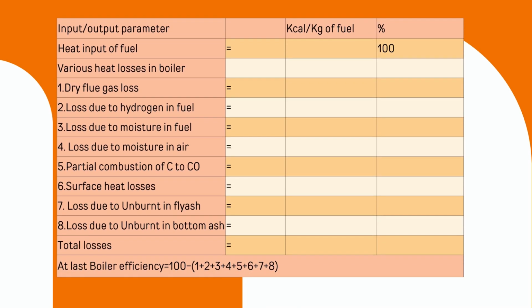In this chart, we will enter heat input of fuel, various heat losses in boiler like dry flue gas loss, loss due to hydrogen in fuel, loss due to moisture in fuel, loss due to moisture in air, partial combustion of C to CO, surface heat losses, loss due to unburnt in fly ash, loss due to unburnt in bottom ash. At last, boiler efficiency will be calculated as 100 minus 1, 2, 3, 4, 5, 6, 7, 8.